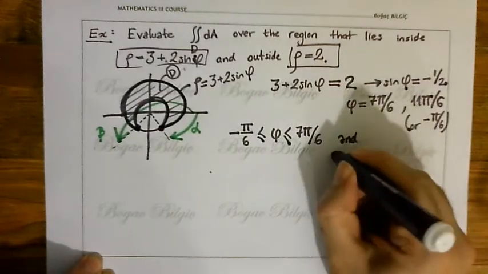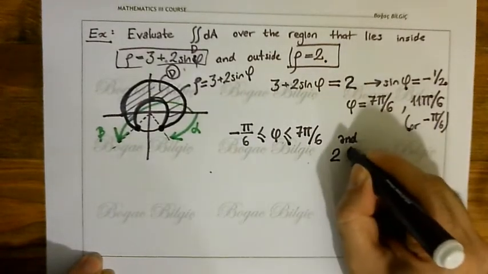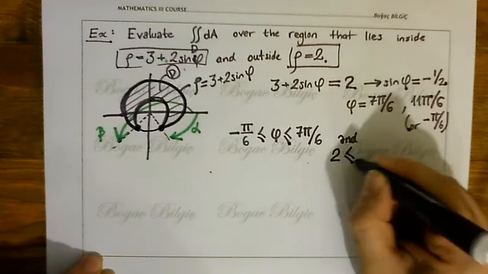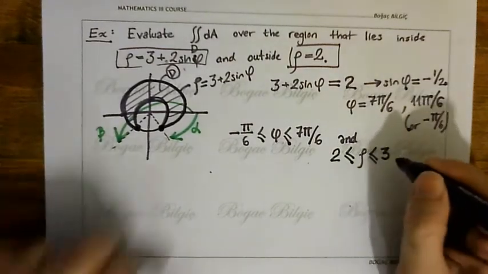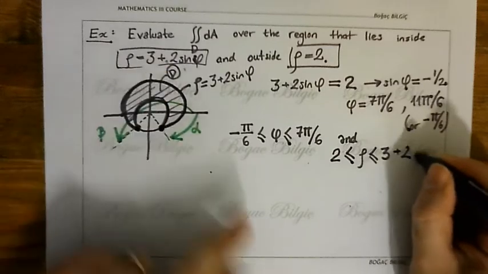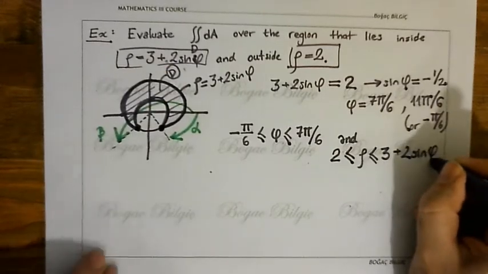So 2 is smaller than or equal to rho, which is smaller than or equal to 3 plus 2 sin phi.